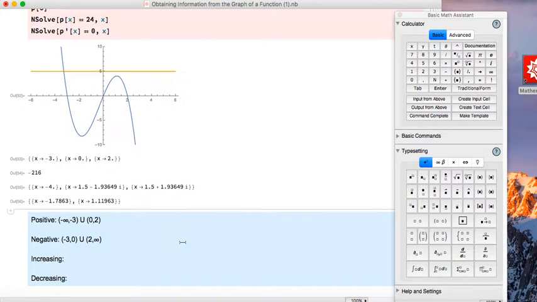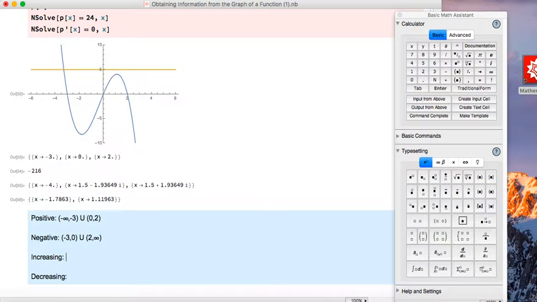So for increasing and decreasing, the graph is decreasing from negative infinity to this point, then increases to this point, then decreases. So the interval where it is increasing is from -1.8, keeping one decimal place, to 1.1.